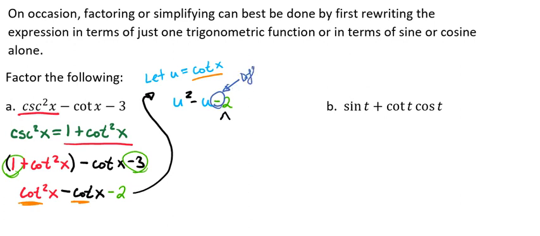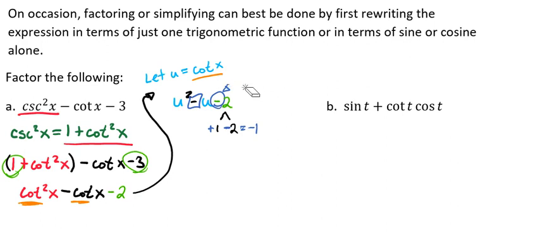Because the product is negative, my signs are going to be different, and because the middle term is negative, my bigger number is going to be the negative one. The only numbers that multiply to 2 are 1 and 2. So the 2 needs to be negative and the 1 positive, and when I add these together, I get the -1 that I need.